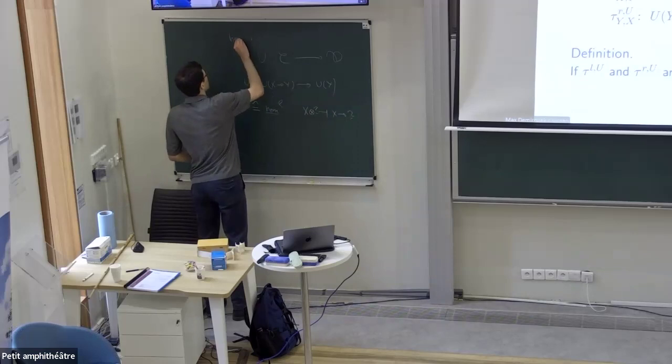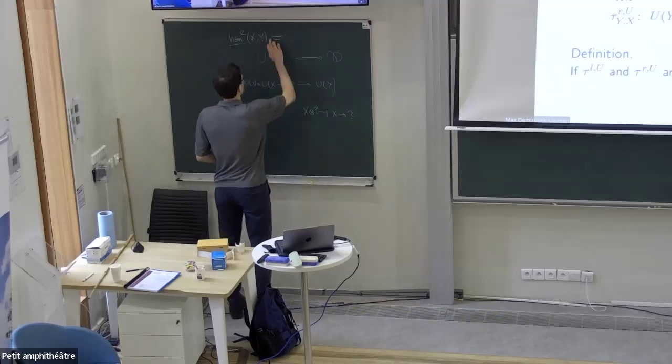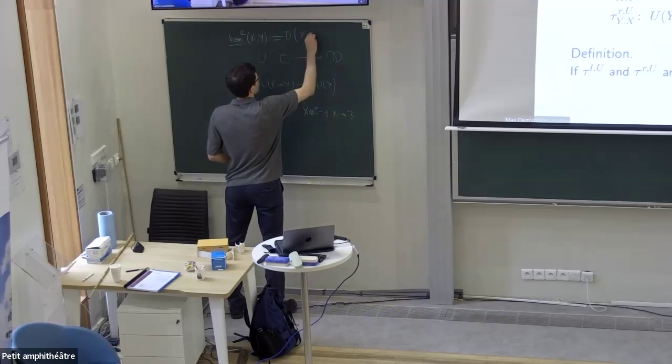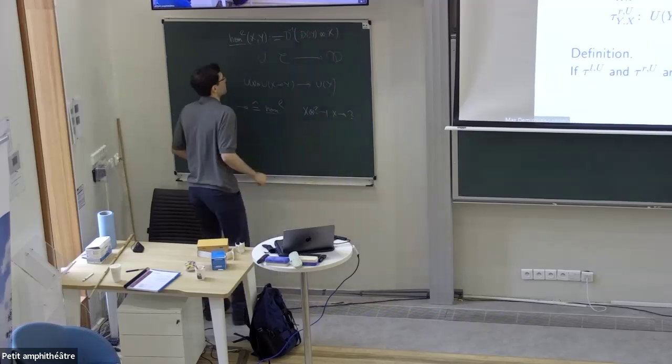So the left internal Hom of x and y is defined, and now let's see. D is contravariant, so we should have, with the convention of left and right, D minus 1 of y tensor x.